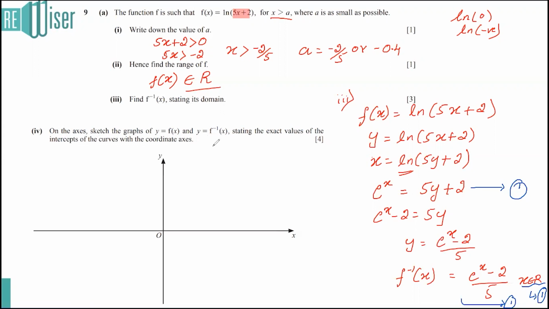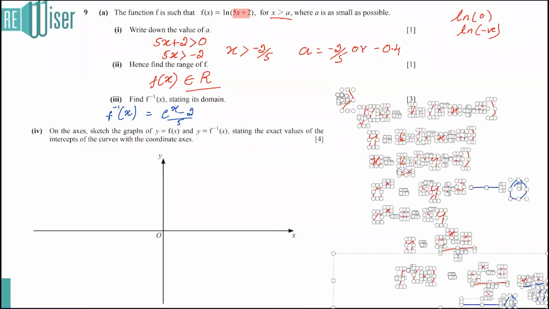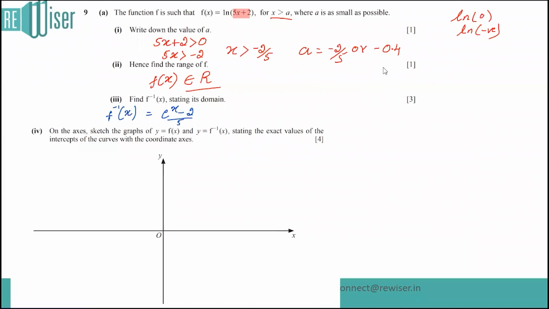Let me write down the expression for f inverse of x, which we got as e power x minus 2 over 5. In order to sketch this, we should find a few points. First of all, let's find the x and y intercepts.